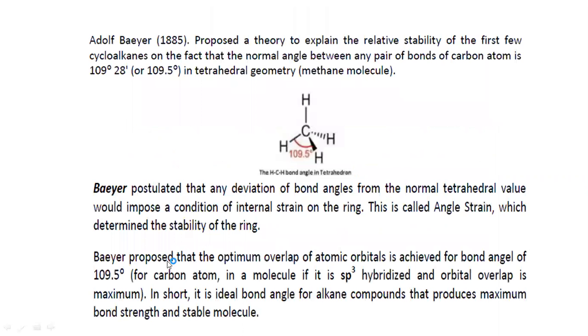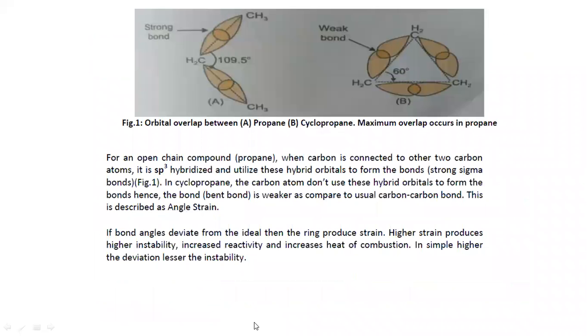Understood? Now, Baeyer proposed that the optimum overlap of atomic orbitals is achieved for a bond angle of 109.5 degrees in a molecule if it is sp3 hybridized. In short, it is the ideal bond angle for alkane compounds, which produces maximum bond strength and a stable molecule.